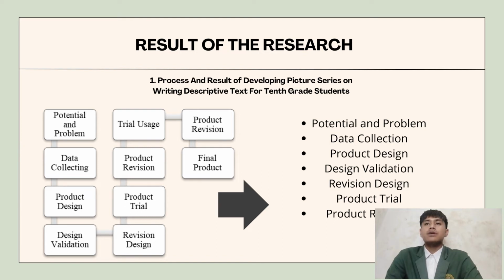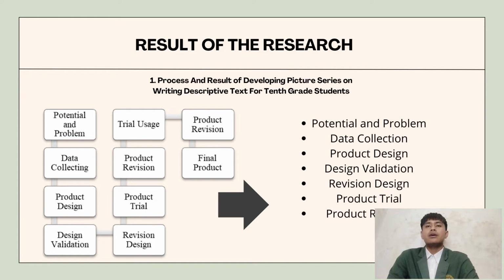The purpose of the interview at the potential and problem stage was to discover more about the students' general characteristics, initial requirements, learning media preference, and learning style. The interview with the English teacher found that in general, students at one of the senior high schools in West Bandung had difficulty understanding the material when learning to write English text, especially in recognizing text and arranging words to start writing.